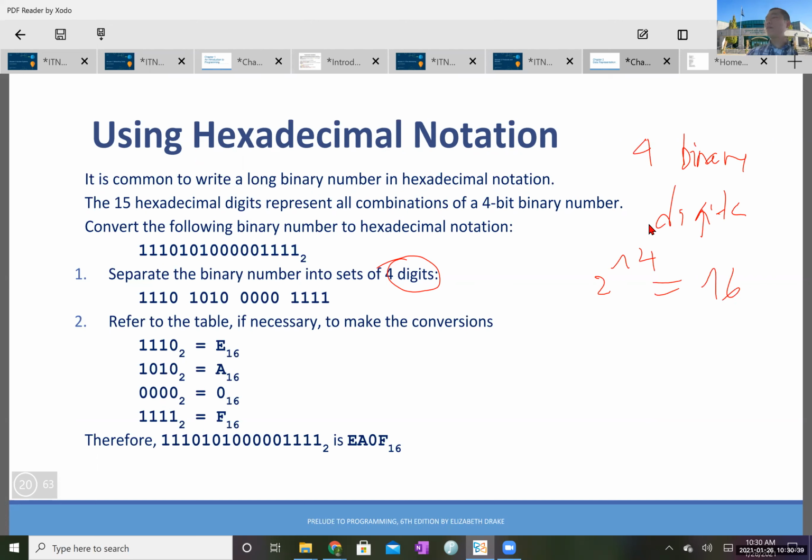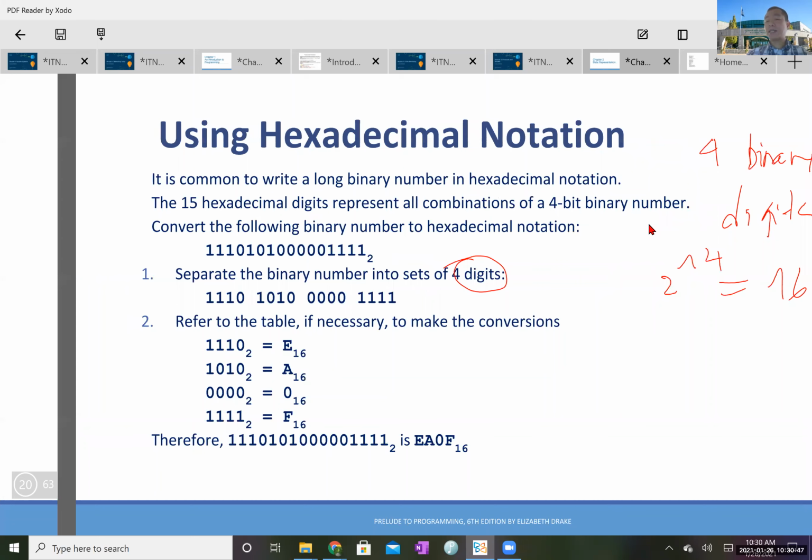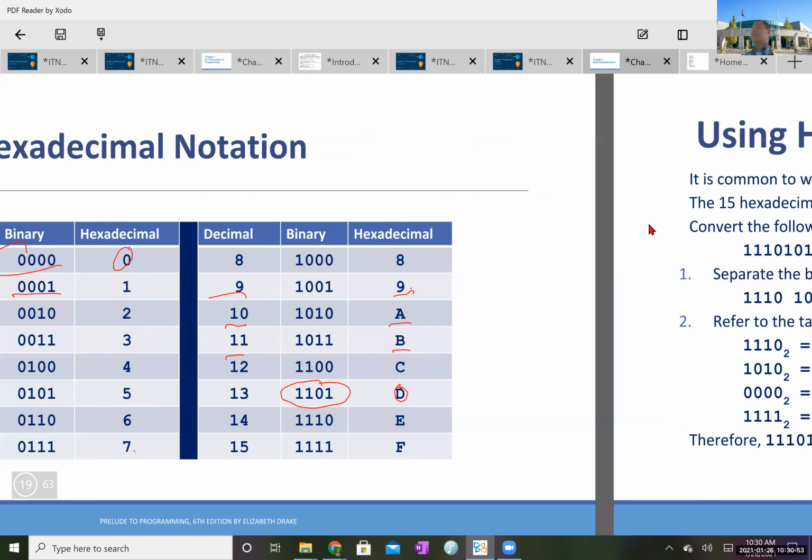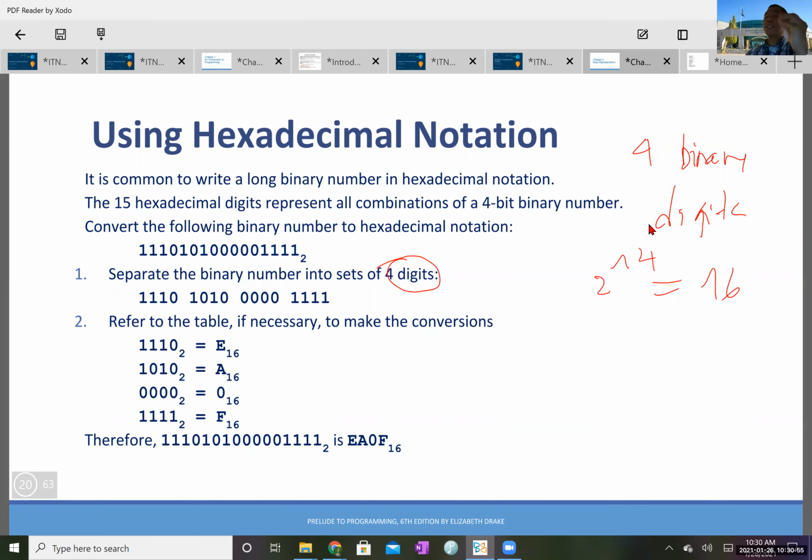So that's why for one hexadecimal digit, you only need 4 binary digits. You only need 4 binary digits in order to represent one hexadecimal digit here.